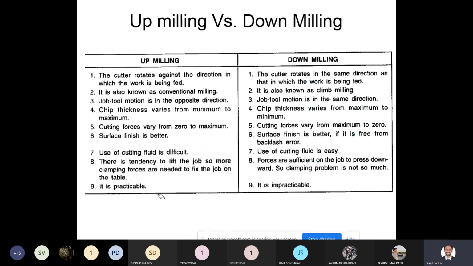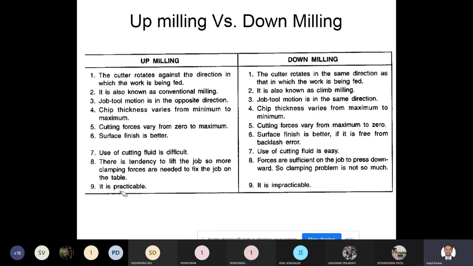While in down milling, forces are sufficient on the job because your tool itself creates downward cutting forces on the job, so the job can be fixed on the table because of the downward forces. So here you need not worry about clamping. Clamping problem is not so much in downward milling because the cutter itself creates a downward force on the workpiece. That's why.